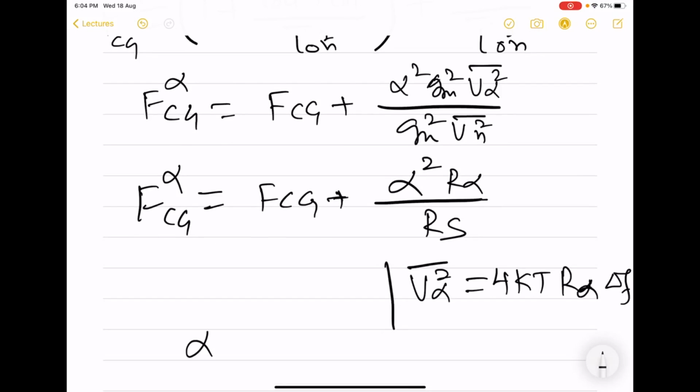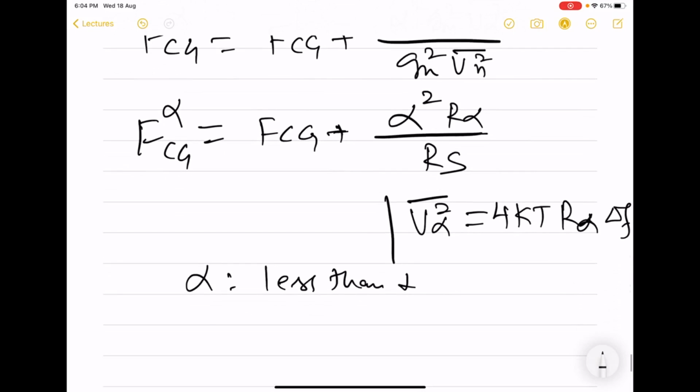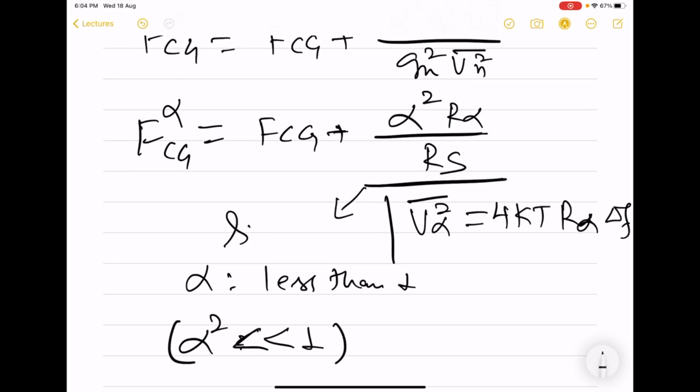And as was pointed out, alpha is less than 1. In fact, it is going to be significantly less than 1. So alpha square is going to be very, very much less than 1. So the contribution of this is not going to be very large. So this is going to be small. So this is how we can decouple the input impedance and noise factor for common gate LNA.